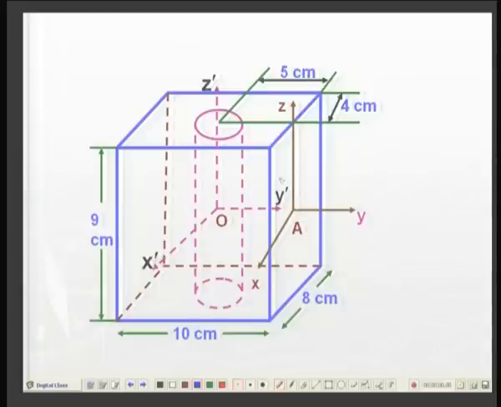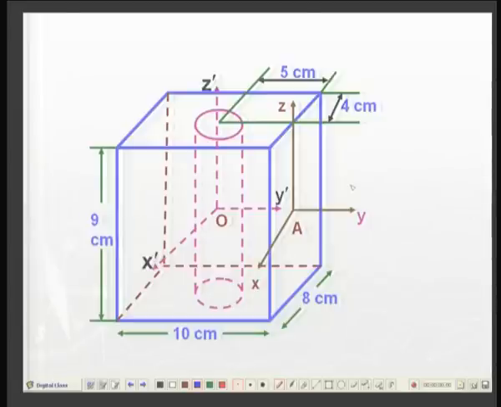So, A is the center of this face and there is a coordinate system x, y, z located at that point A, and we have to find out Ixx, Iyy, Izz and similarly the product of inertia terms.